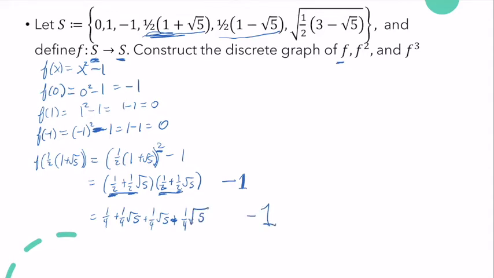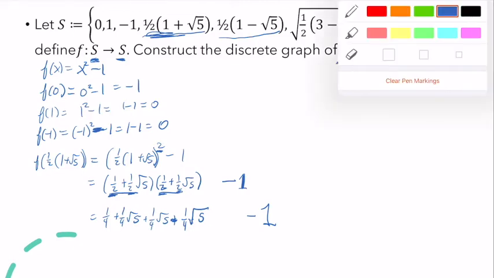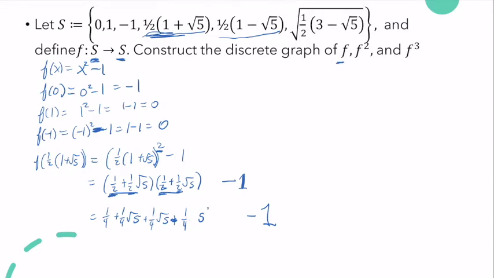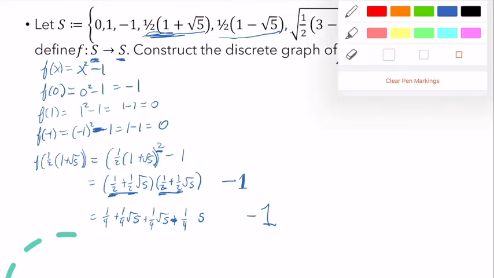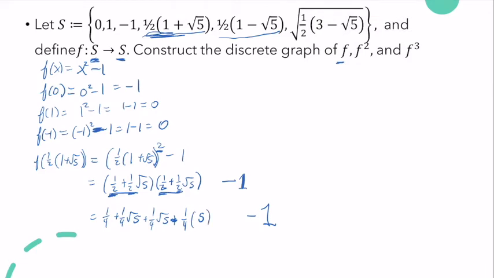And I've got this -1 out here. So the first thing I'm going to do is combine like terms. Oh, I made a tiny mistake, sorry. The square root of 5 times the square root of 5 is 5. So I have 1/4 times 5, and I think I said that, but I wrote it incorrectly. So now I have 1/4 plus 1/4 square root of 5, plus 1/4 square root of 5.